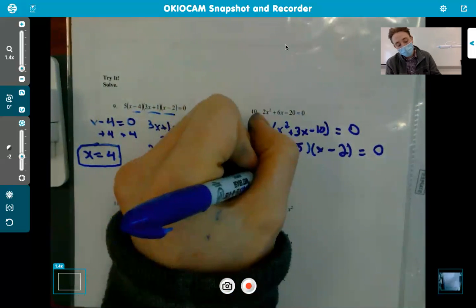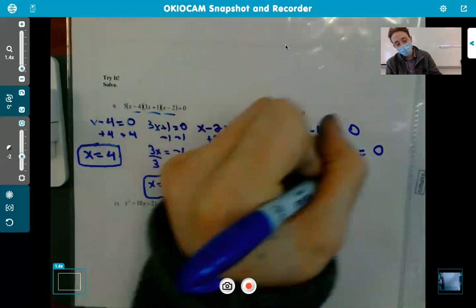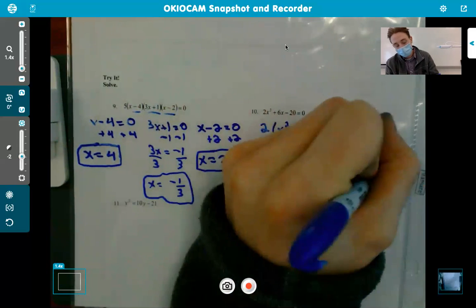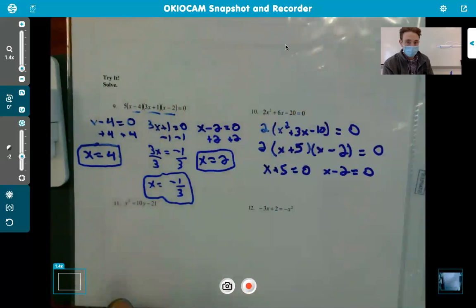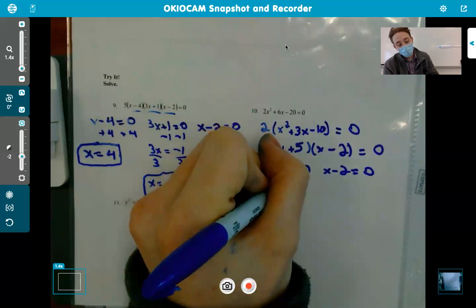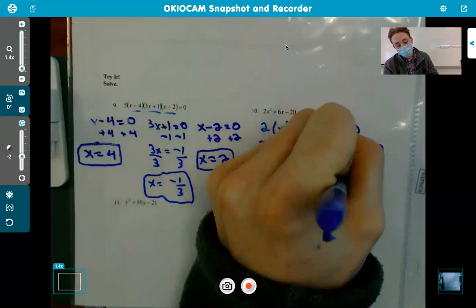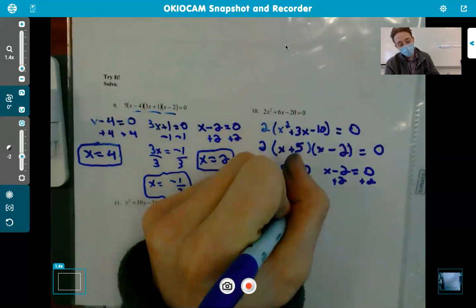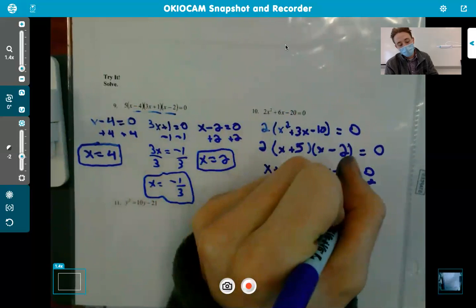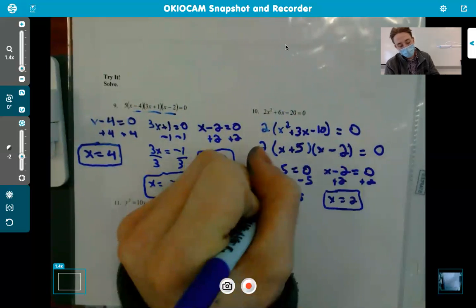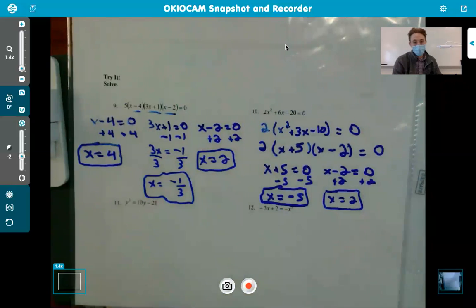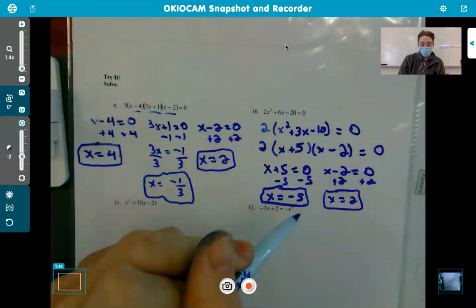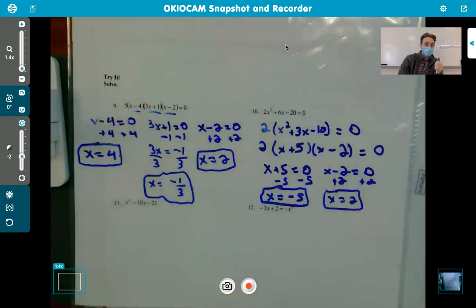And I'm just going to set x plus 5 equals 0 and x minus 2 equal to 0. Now I have my one-step equations. Subtract 5 from both sides to get x equals negative 5. Add 2 to both sides to get x equals 2. And each of these here are my solutions to that equation.